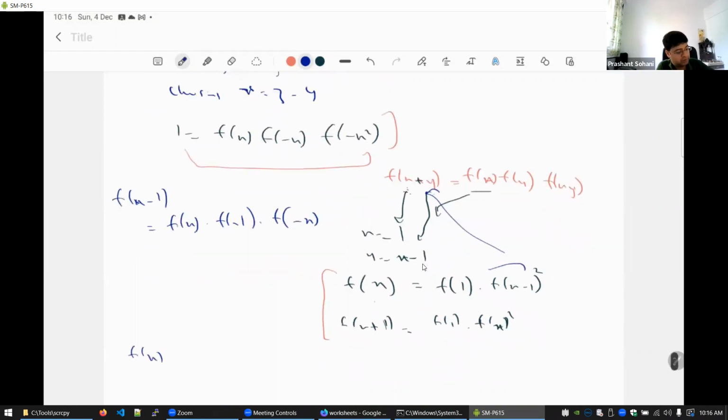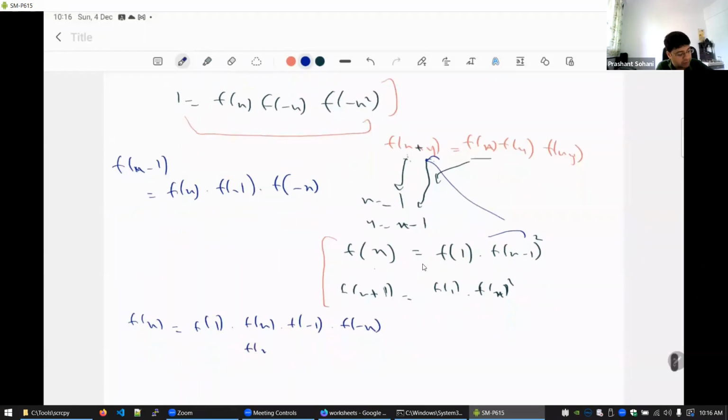So I'll get f(x) is equal to f(1) times f(x) f(minus 1), f(minus x), whole thing twice. So I'll get f(x) f(minus 1). And now, because we are working with the assumption that the function is non-zero at all points, I can safely cancel f(x) from both sides.